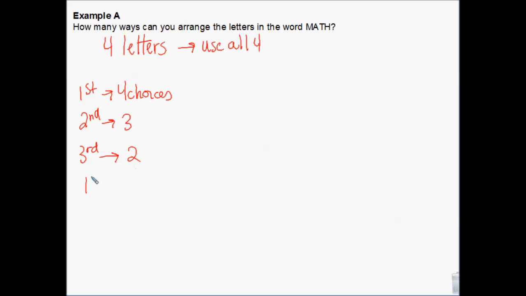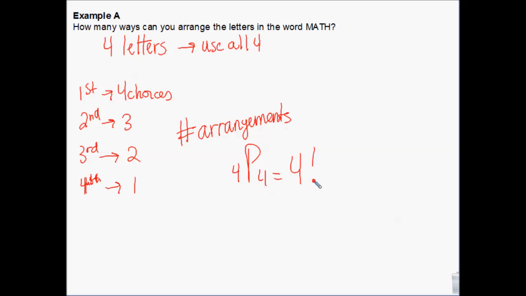And then for the last letter, so that's the 4th. Anyway, there's only 1 left. We have to use that 1. And what happens here is I have 4, 3, 2, 1. So my possible number of arrangements: I have 4 letters. I'm going to use all 4 of them. So 4 factorial. So I can actually arrange these letters 24 different ways.